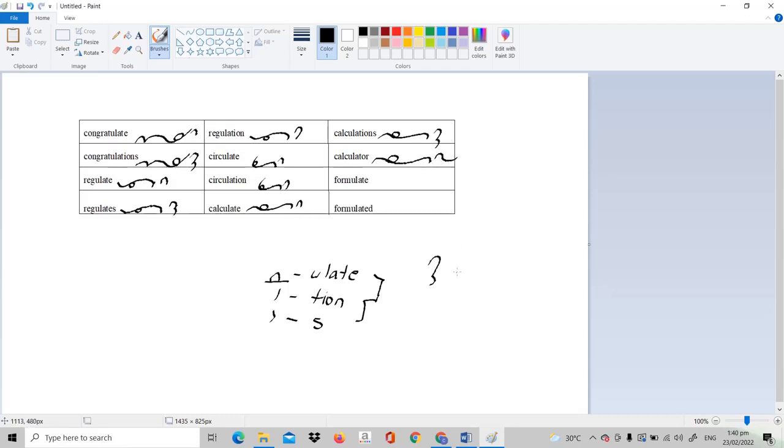Ulate kasi di ba yan? Ulate plus R, ulator. Next, formulate. So, form is a brief form of F and M. And then, ulate. Formulated. So, we have formulated. Okay? So, there you go. Yun yung mga strokes natin. Wait. Huwag na natin i-erase yan.